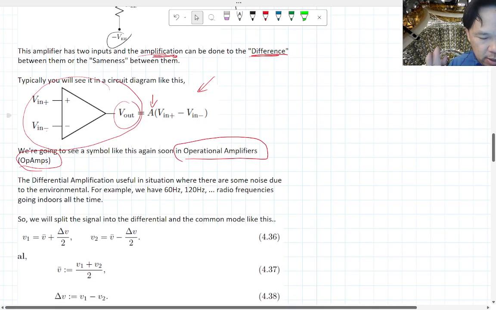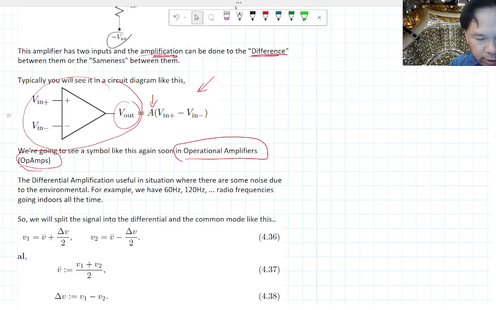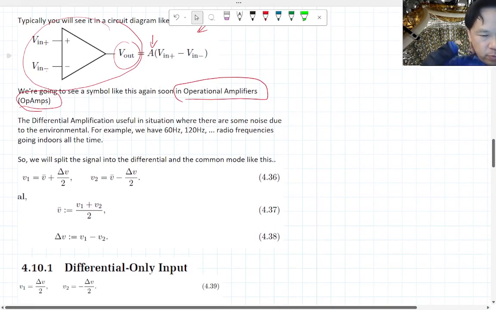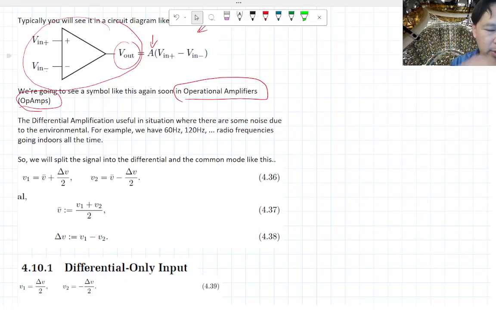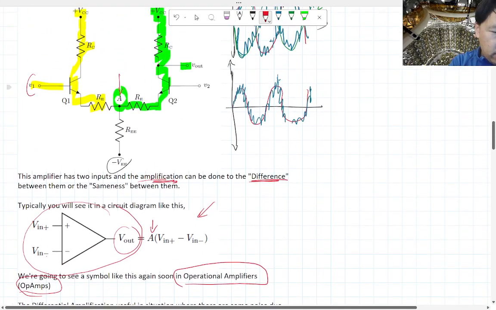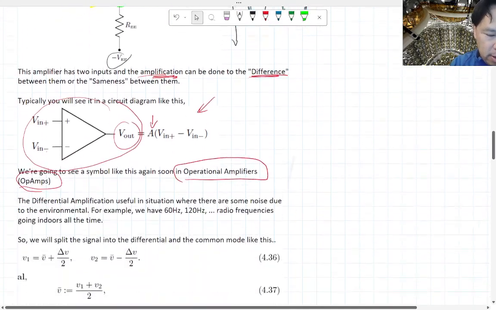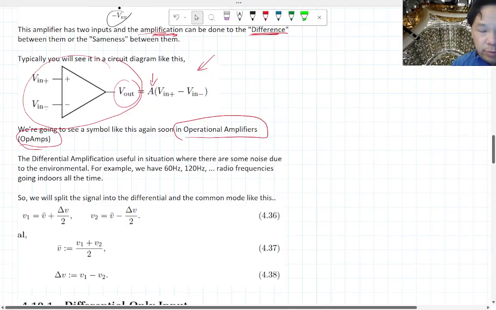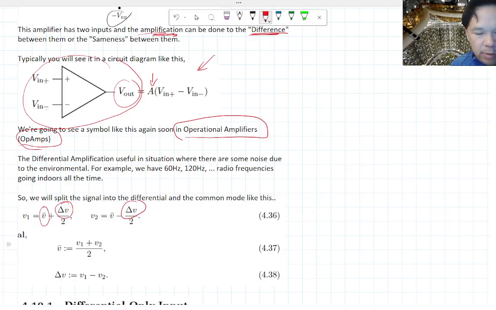Okay. So I'm not going to go through the calculation in too much detail, but I just want you to see how it works. The technique you analyze this with is that you split the two input signals that you're feeding into both sides into the difference between them, which is signified by delta V, and what's common between them, which is V bar, the average.